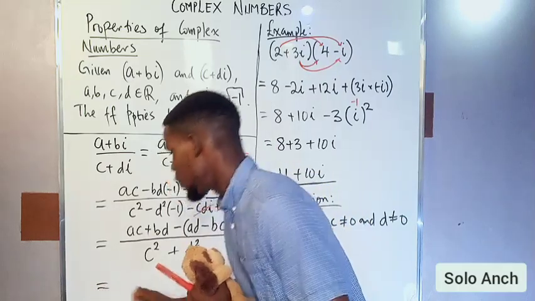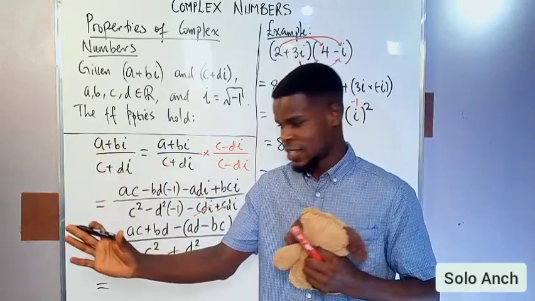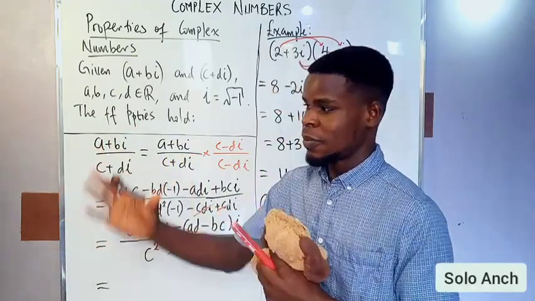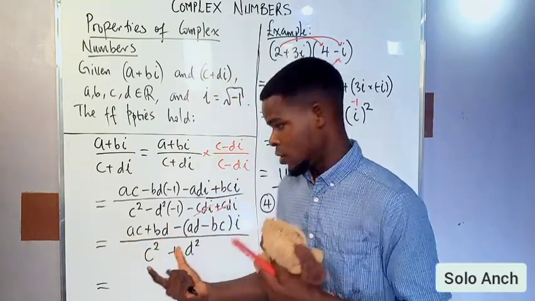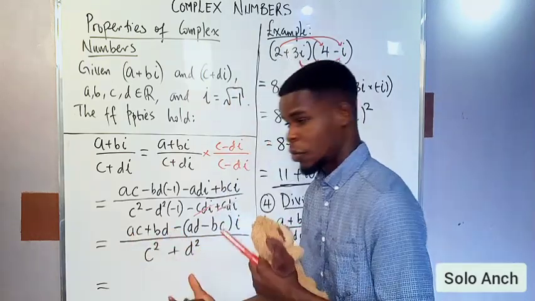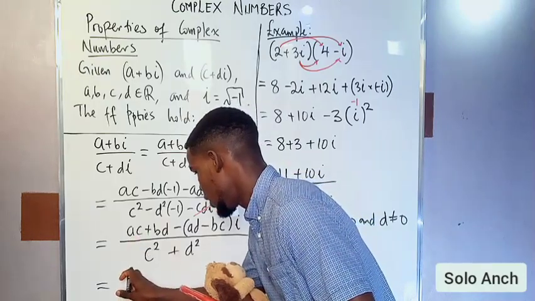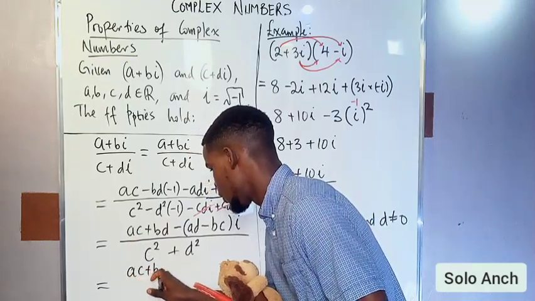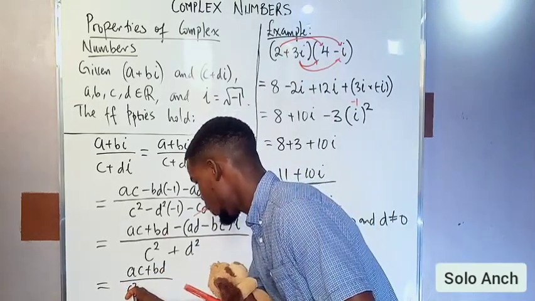Remember, we like to put a complex number in a form where we have the real part plus the imaginary part, then the i. So this is a real number, and if we split this fraction, we're going to see that this will be ac plus bd divided by this denominator, that is c squared plus d squared.